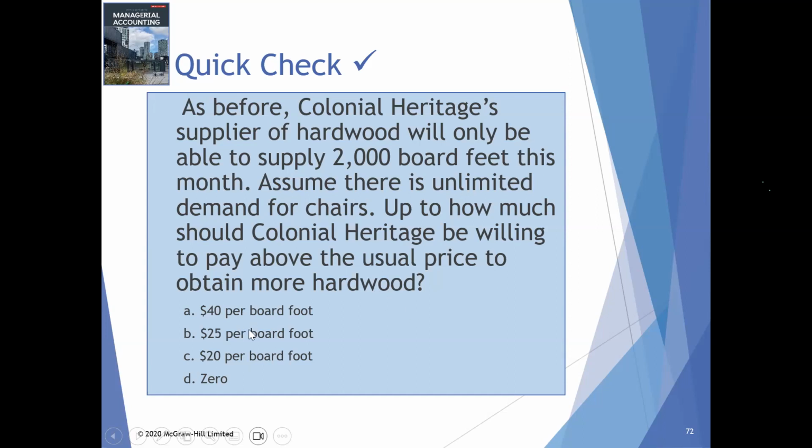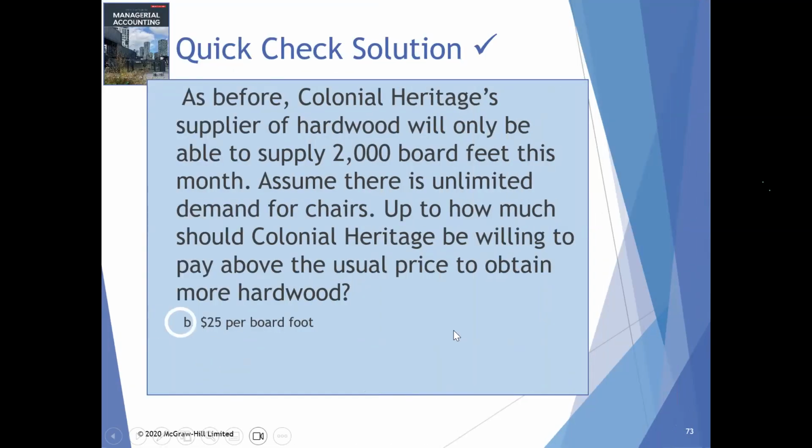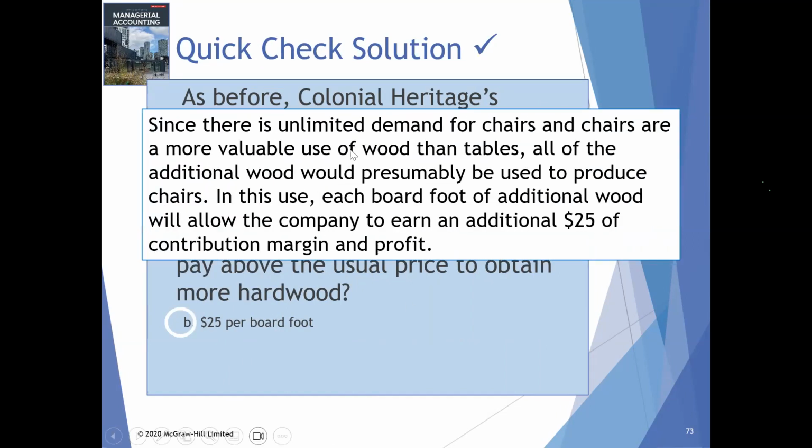Obviously, that will be $25. The reason being, since we know that there is unlimited demand for the chair, chairs are a more valuable use of wood than tables. All of the additional wood would presumably be used to produce chairs. Whatever additional wood they are going to buy, definitely they will use for making chairs, not tables.